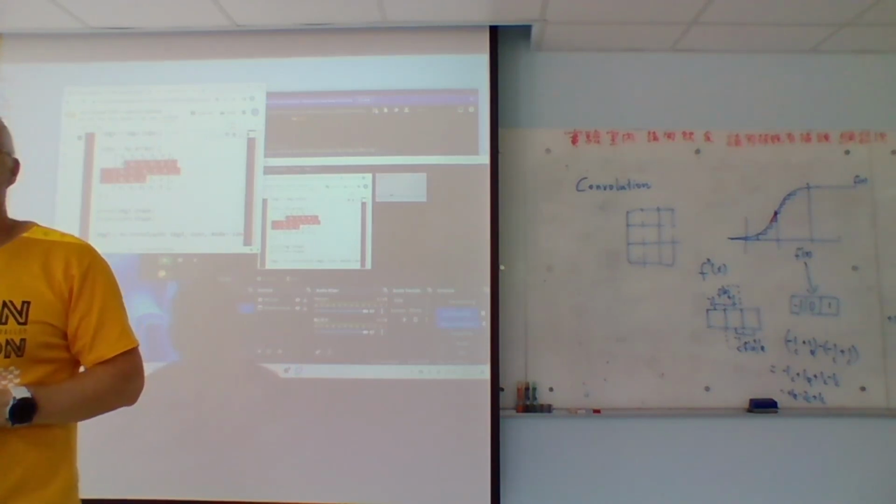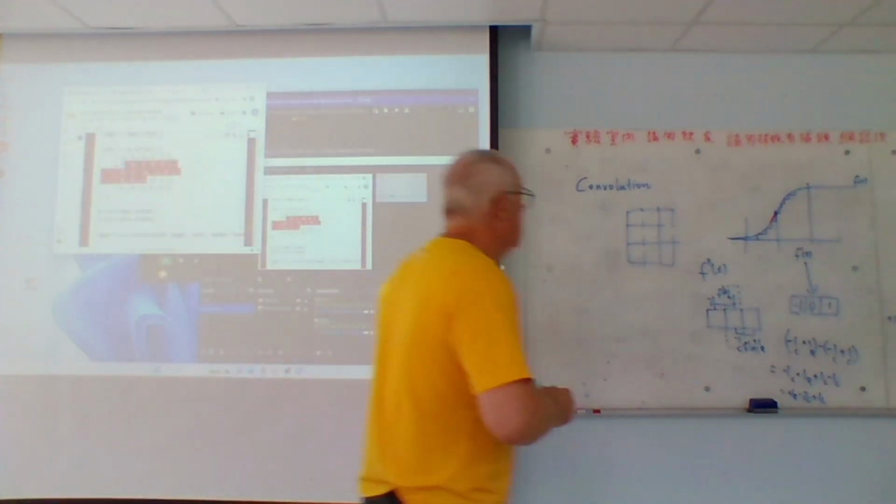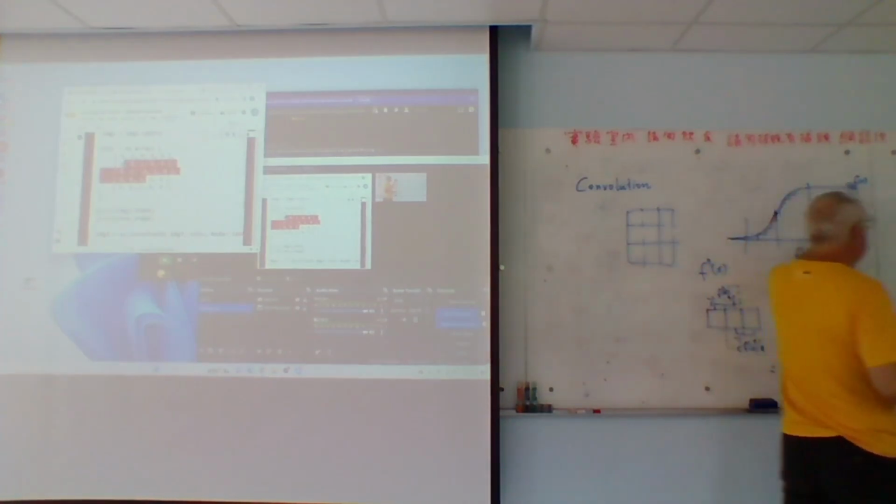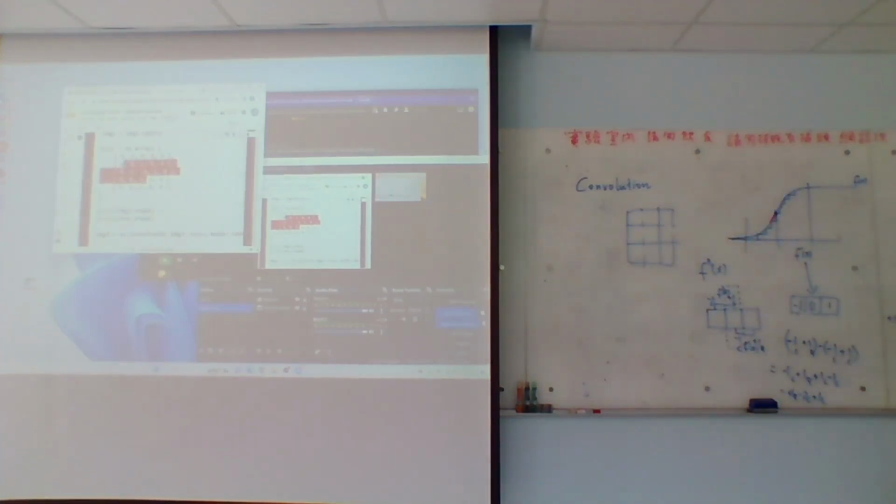Because at that point, that should be the center of your edge. And there should only be a single response that you get at that point. Both of those operators, in practice, perform equally well or equally poorly. There's not that much difference between them.